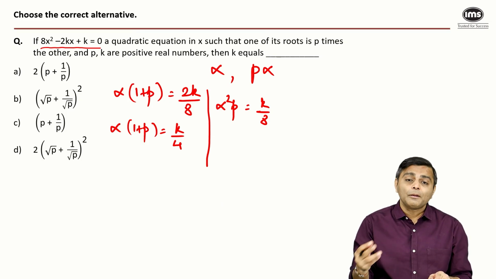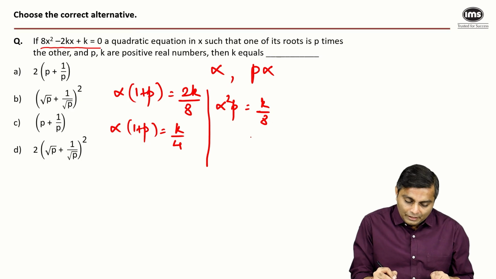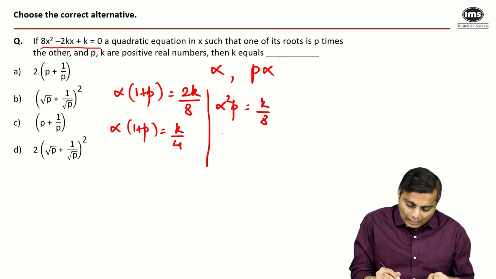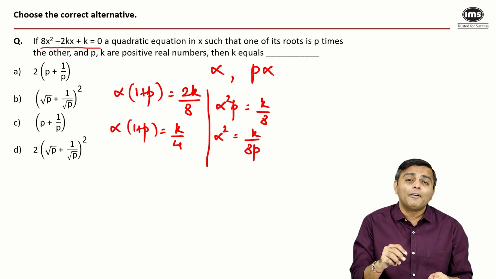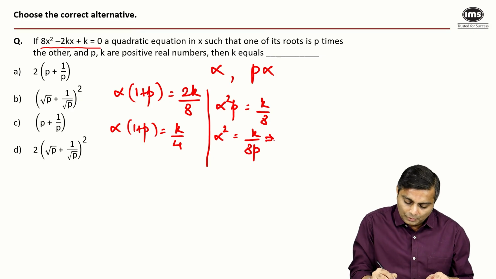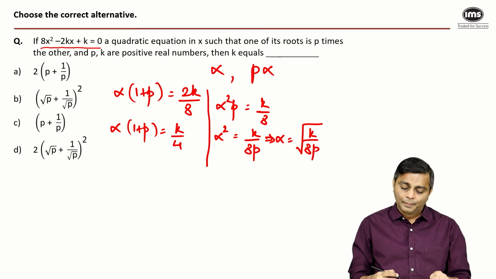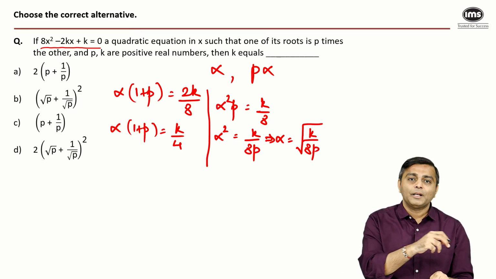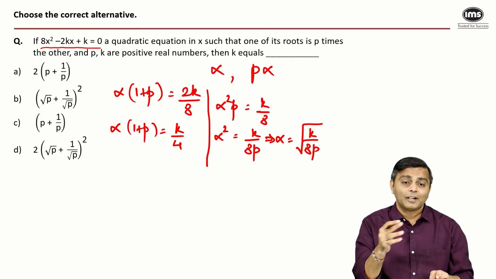So alpha squared can be thought of as k by 8p, and alpha will be equal to root of k by 8p.